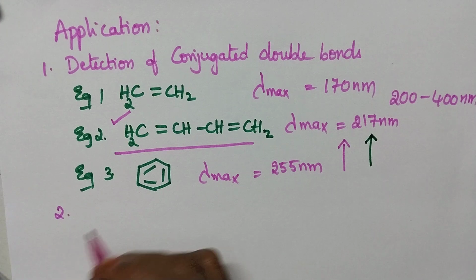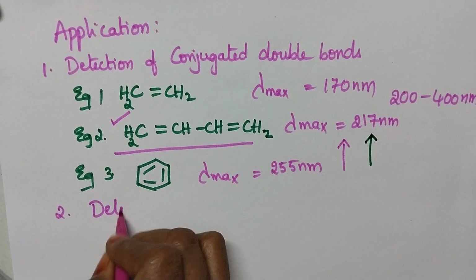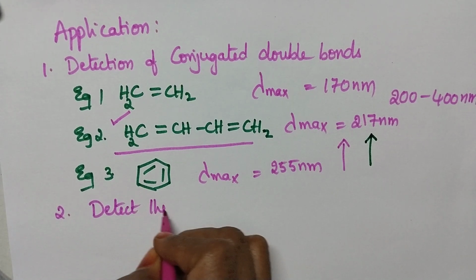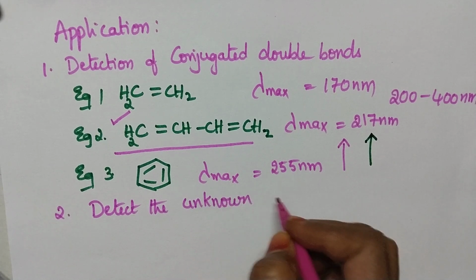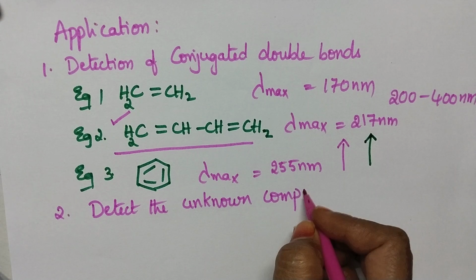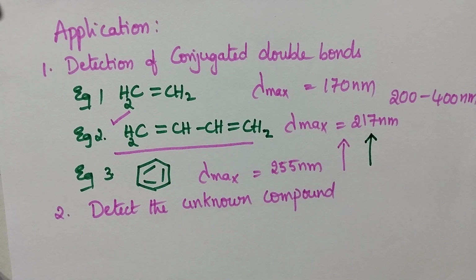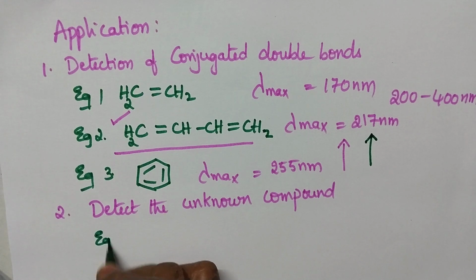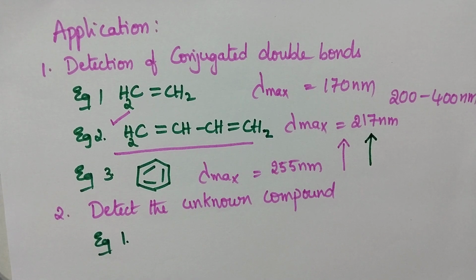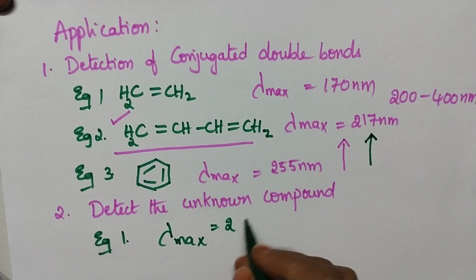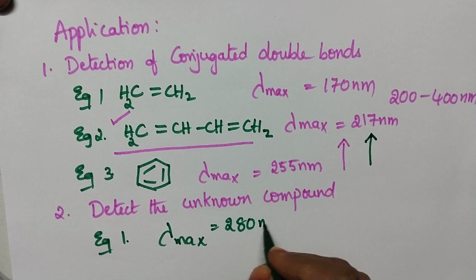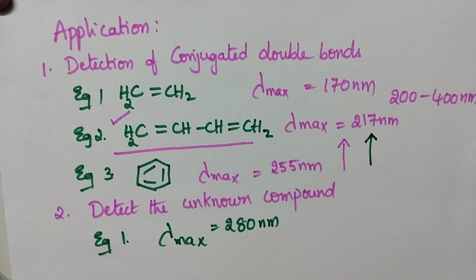At the same time, it is possible to detect an unknown compound by getting the spectrum in the UV region. Let us suppose that when a graph is drawn in the UV region, lambda max is observed at 280 nanometers.